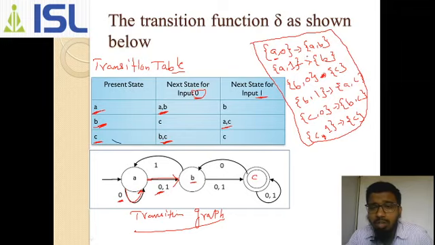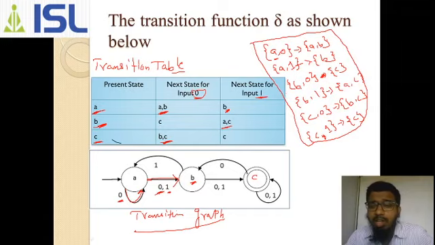How did we get this answer? We got this from this table. So here, if A is 1, then the answer will be B. Next, B comma 0.